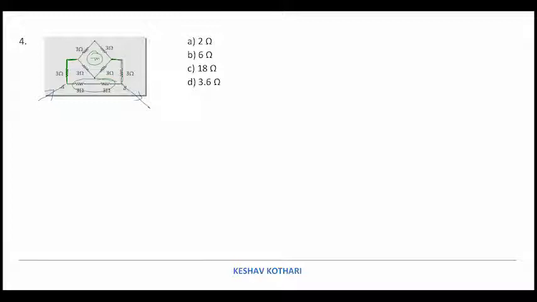To solve this, I first calculate the effective value by solving this network. So this is 3 ohm, 3 ohm, 3 ohm, 3 ohm.